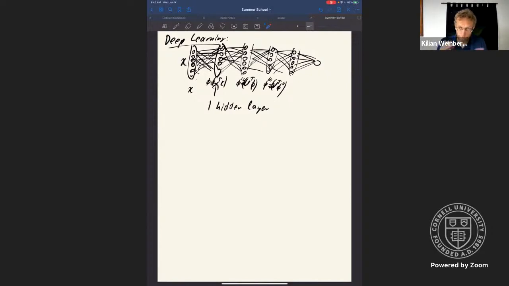The number of piecewise linear components grows exponentially with depth. That's the point: you don't need that many parameters to learn a really complicated function. That's the advantage. By having deeper networks, you can learn really complicated functions relatively quickly.